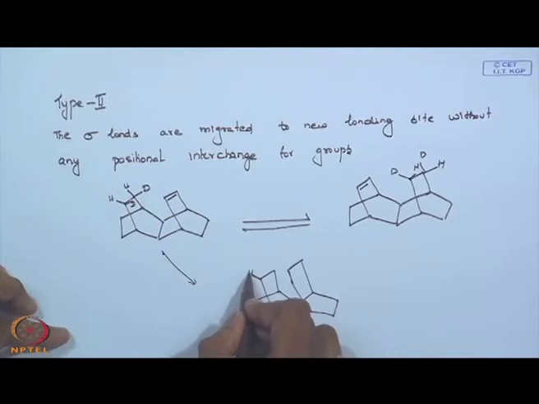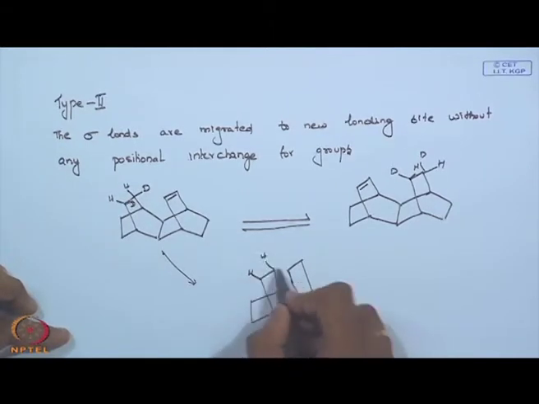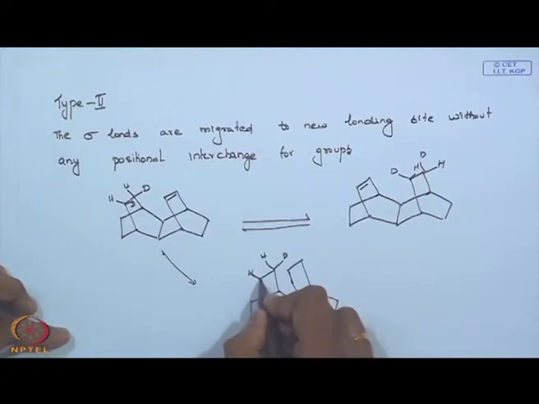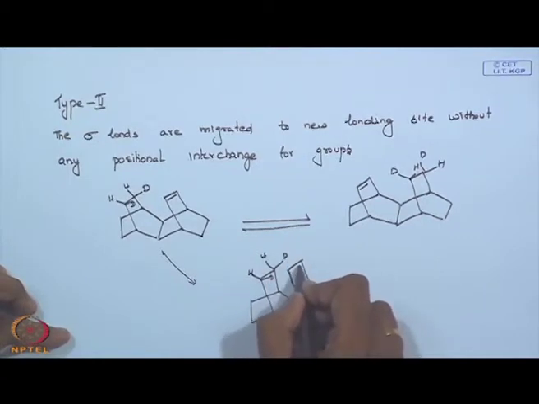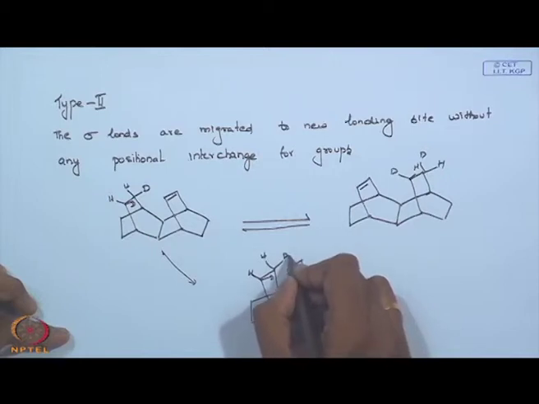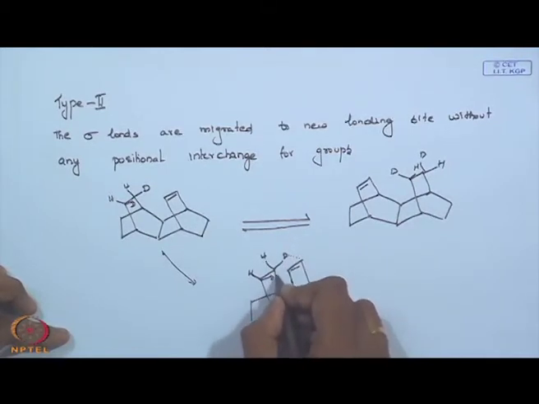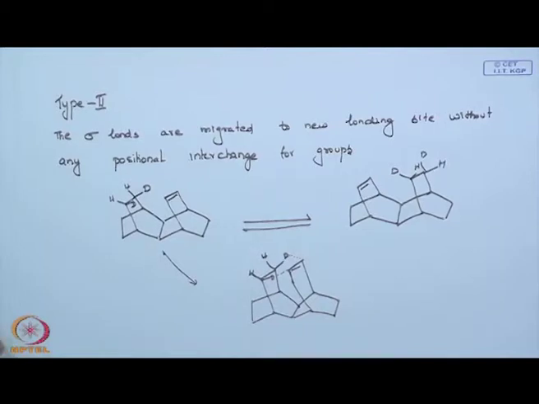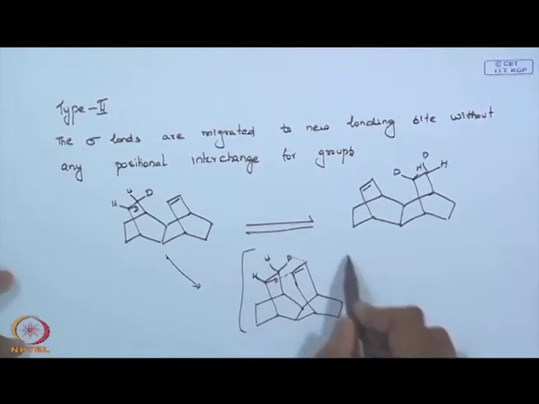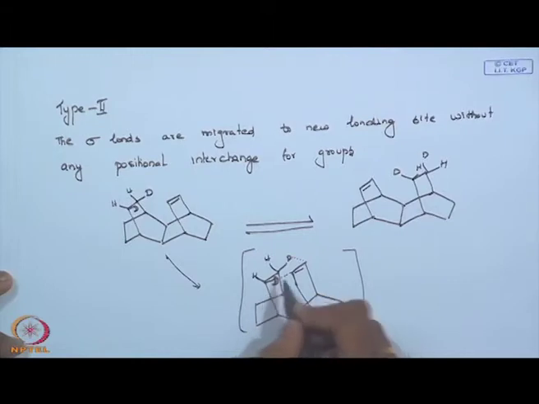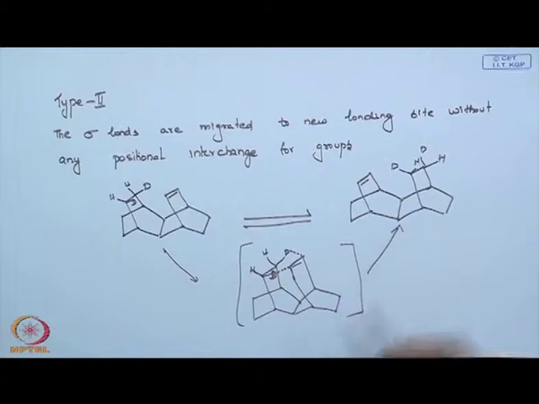You have a hydrogen here, and a deuterium here. This double bond you have here. So this deuterium just moves across this. This can be the transition state. This is your deuterium; it just moves across here, and the deuterium moves in this direction to give you the product. Clear?